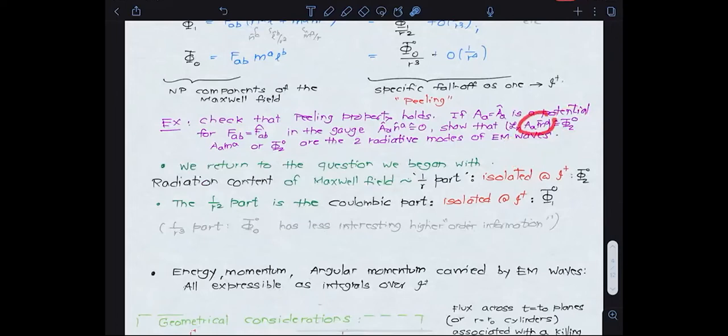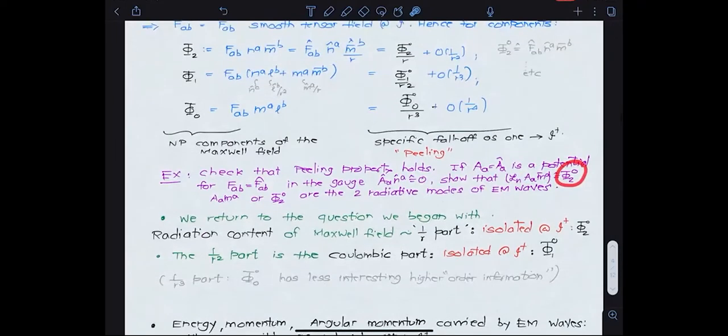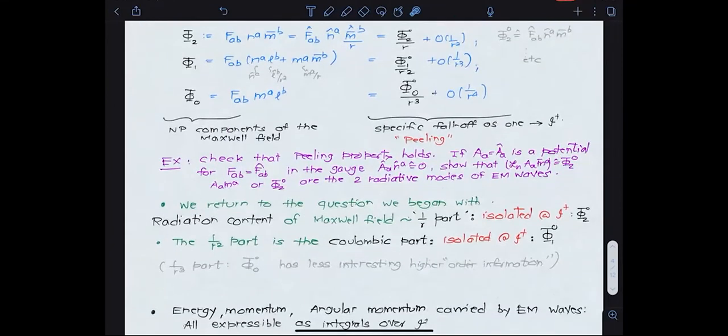So A dot m bar has 2 real components, and phi 2 naught also has 2 real components, as you can see here, because it is complex up here. Therefore, it has 2 real components. And these are the radiative modes which fall off like 1 upon R.